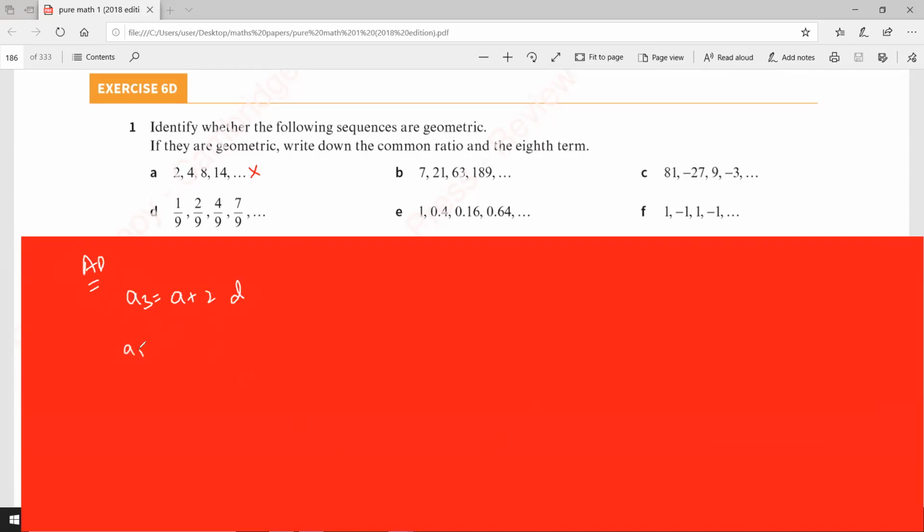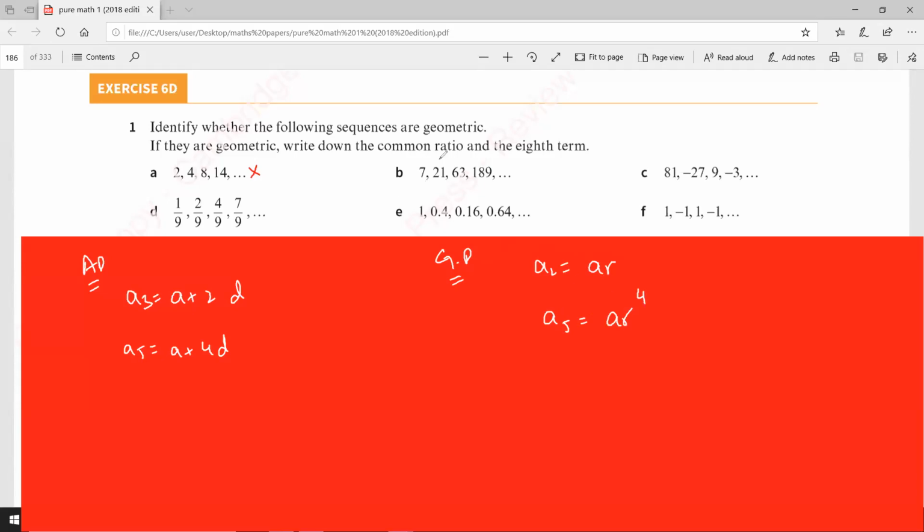If there was a fifth term, we were writing it as A plus 4D. Now this must be clear that in our GP, if you have, let's say, the second term, you will write it as AR. If you have the fifth term, that will be AR raised to power 4.